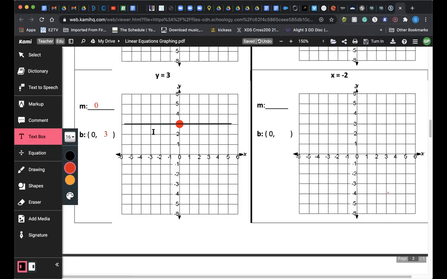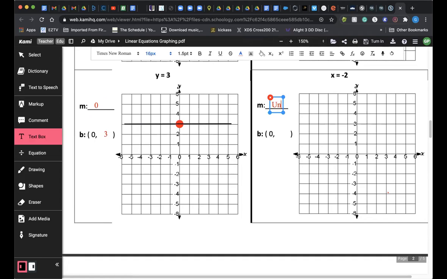Flat horizontal lines have a 0 slope because your value for y is always going to be 3. No matter what point you choose on the x-axis, your value for y is always going to be 3. And so this has a 0 slope, okay? This is a special case. The case next to it is also a special case, and this is an undefined slope, okay?